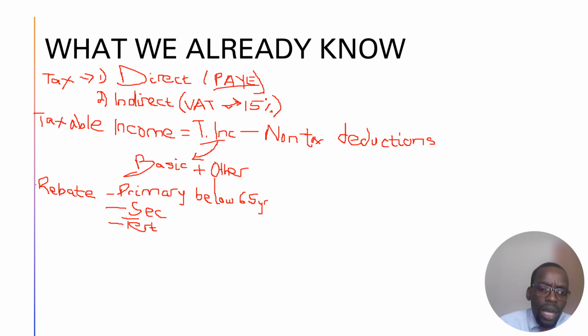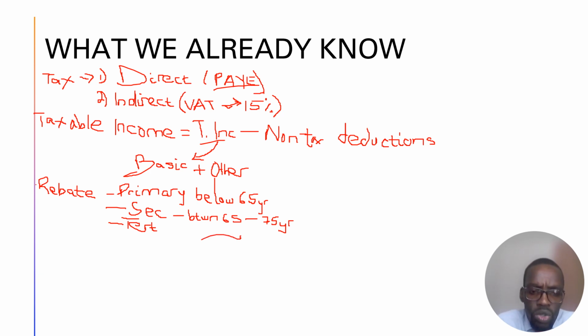And then the secondary is normally above 65 but less than 75, so between 65 years up to 75 years. This is our secondary rebate.